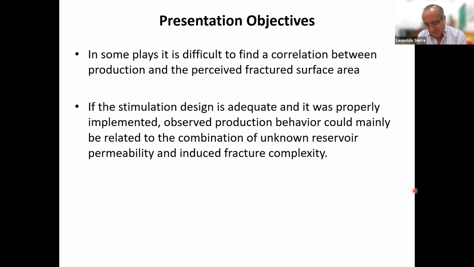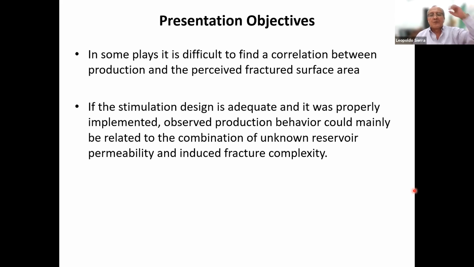In this presentation, what I'm going to try to show you is that in some cases it is really very difficult to find the correlation between the production and the fracture surface area. For these cases, it is normal to combine the surface area generated by the fracture and also the formation properties.